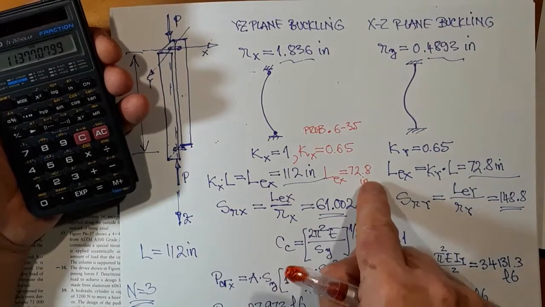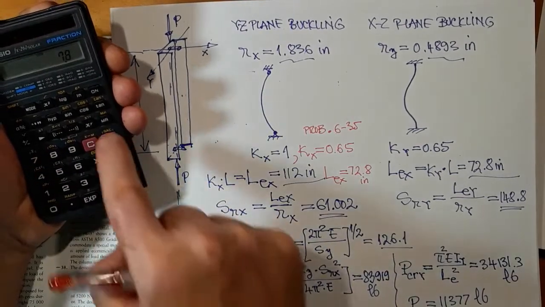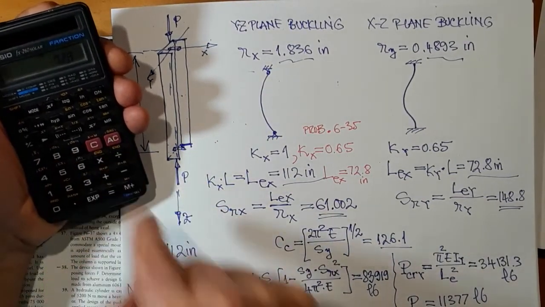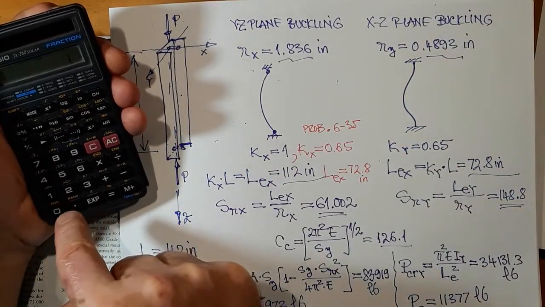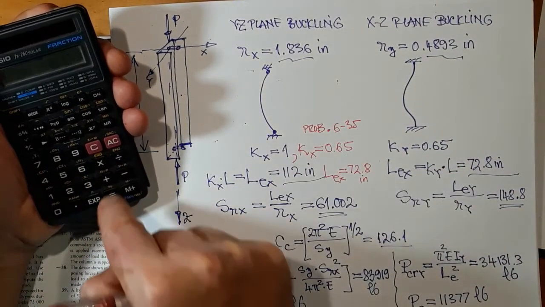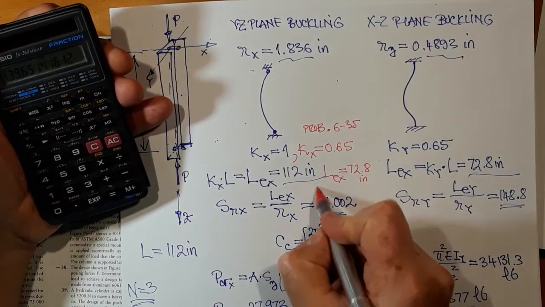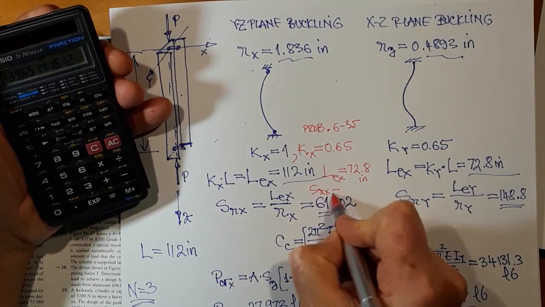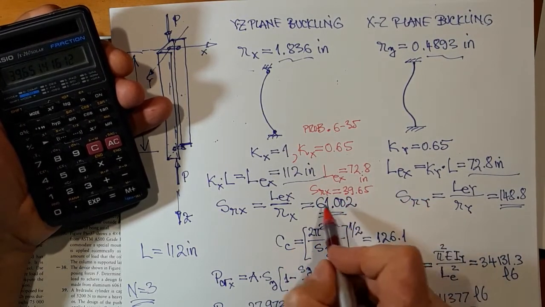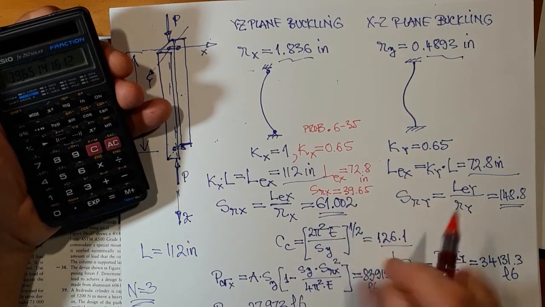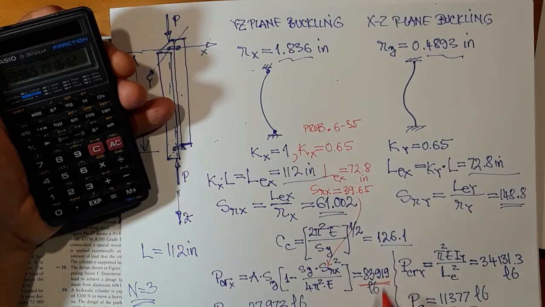So I have 72.8 divided by the Rx value 1.836 equals. So the slenderness ratio is going to be 39.65, and then this propagates here, and there will be a new value.